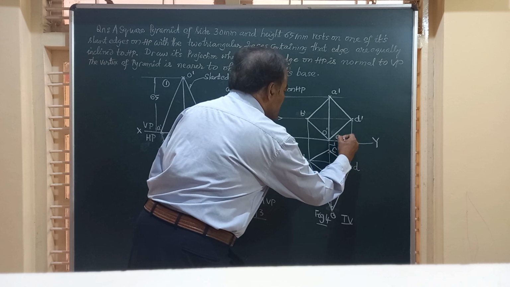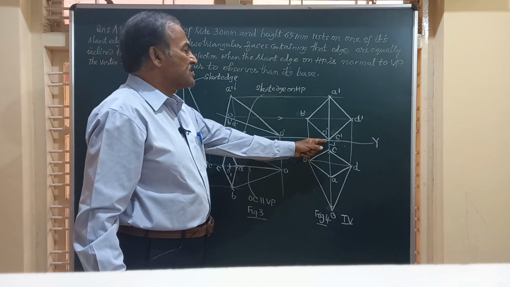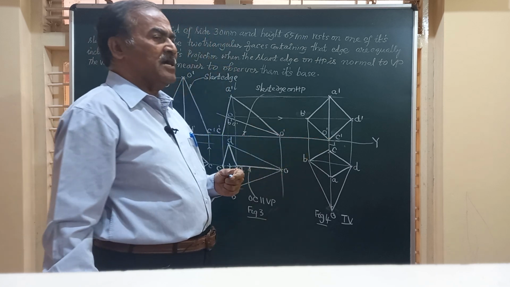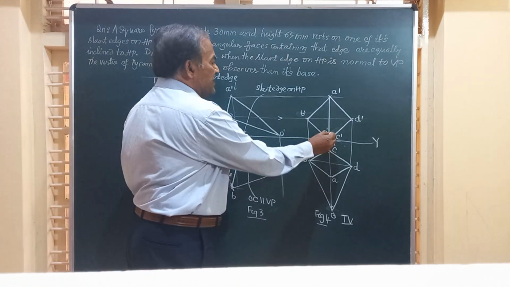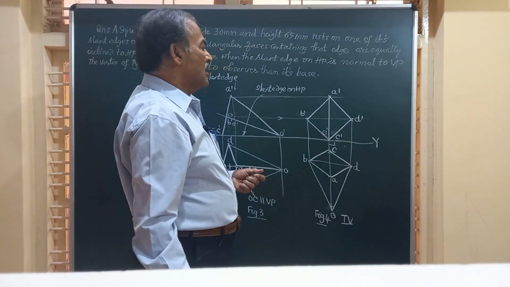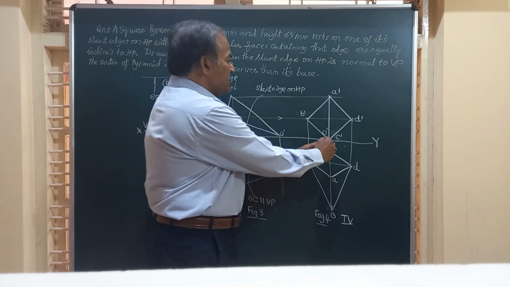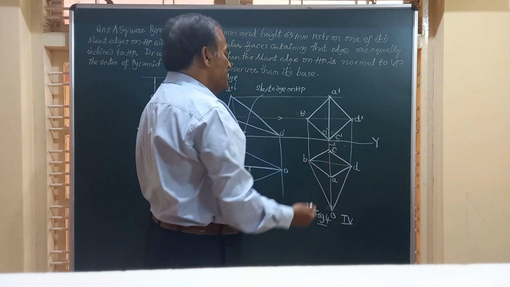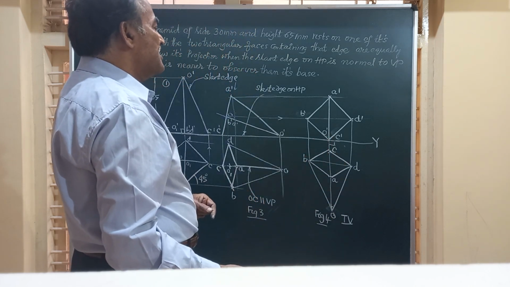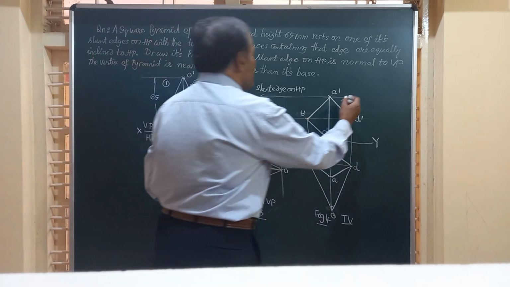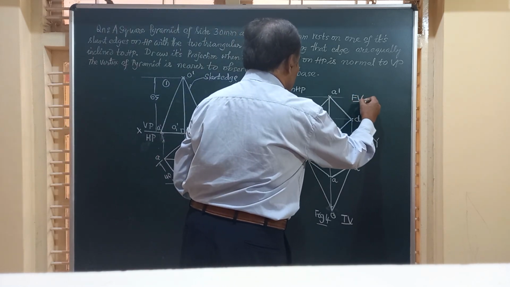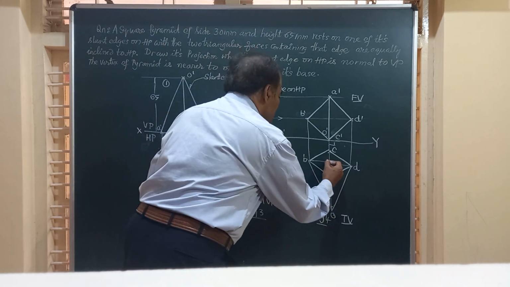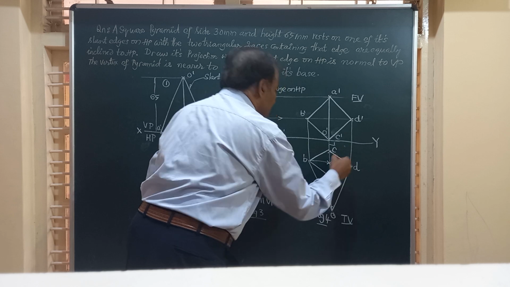This is O dash, this is C dash, and this is appearing as a point on XY, and hence it is very obvious this slant edge is perpendicular to the board or to the vertical plane, and this is joined to all the corners B, A and D. Friends, this figure will represent the front view of the solid, that is the square pyramid, and this will give you the top view of the pyramid. This is the center of the base, we will call it O1.